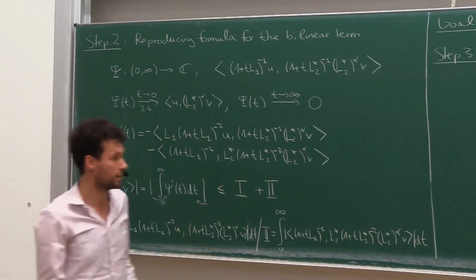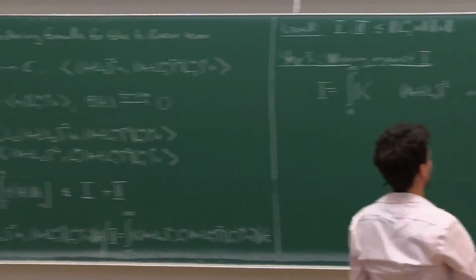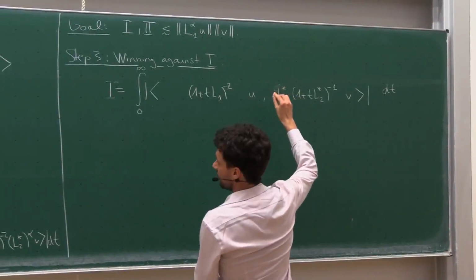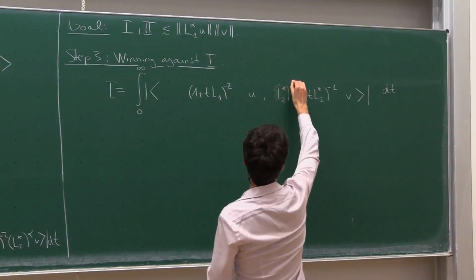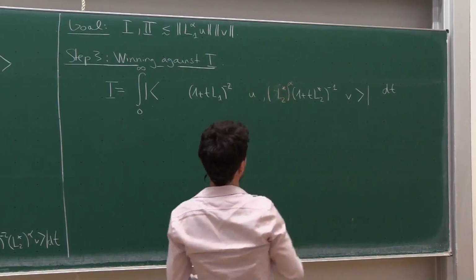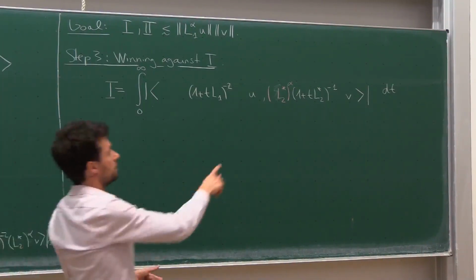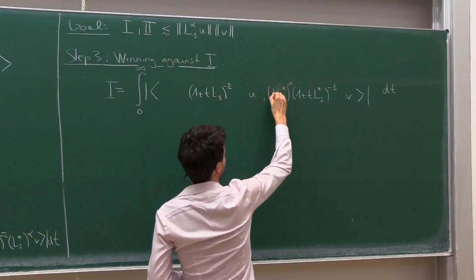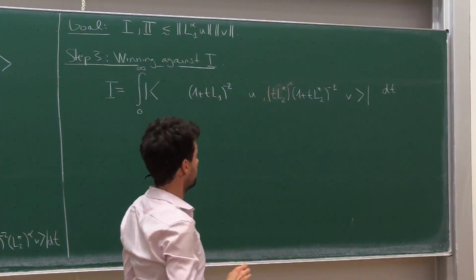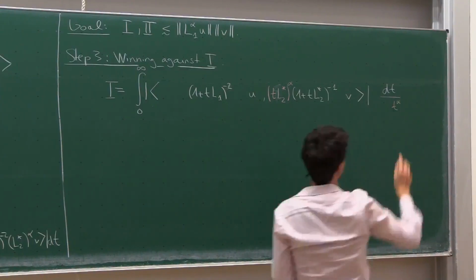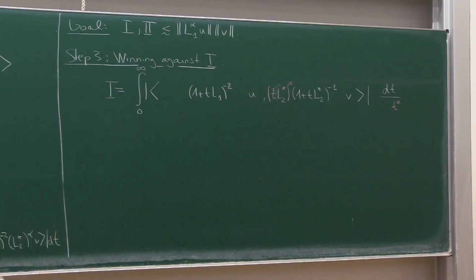This operator is bounded, so it's absolutely safe to write L2 star to the alpha to the front. And then I want to make it look like quadratic estimates. So this L2 star is still missing its t. So I'm going to put a t here, and then I need to divide by t to the alpha. Then I massage the second part of the term, and it's still all correct what I wrote.